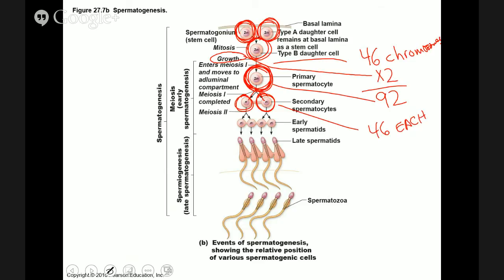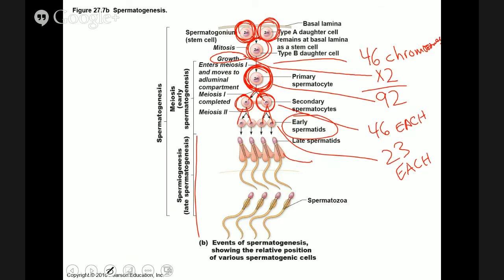And then you take each of these and you divide them off, so you have 23 each. These are what we call the early spermatids. They just basically look like regular cells. But then as they make their way down in a process called late spermatogenesis, they shed off the cytoplasm.